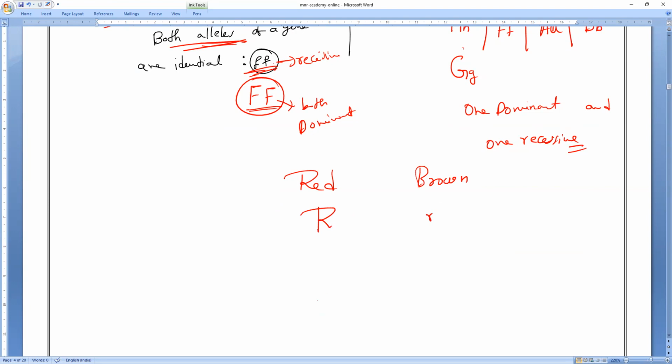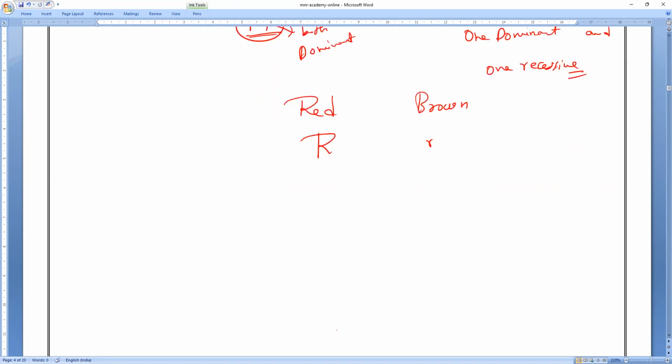Now I want an offspring which is a pure dominant character. Then which alleles will come? Pure it is. Either capital R capital R, or capital R small r, which is right? Pure I am asking. Homozygous. Both capital. This is extremely important in solving the questions in heredity.